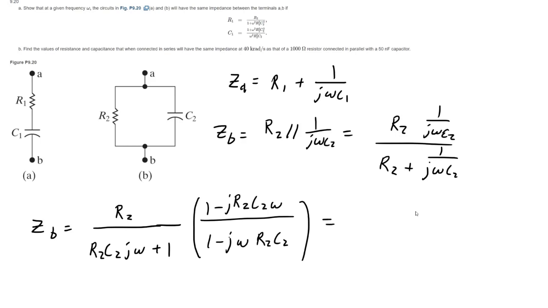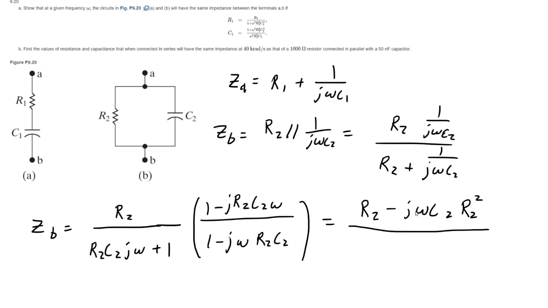and the J omegas on the bottom are going to cancel, and you're going to be left with R2 minus J omega C2 R2 squared, because we're multiplying R2 by R2 again.